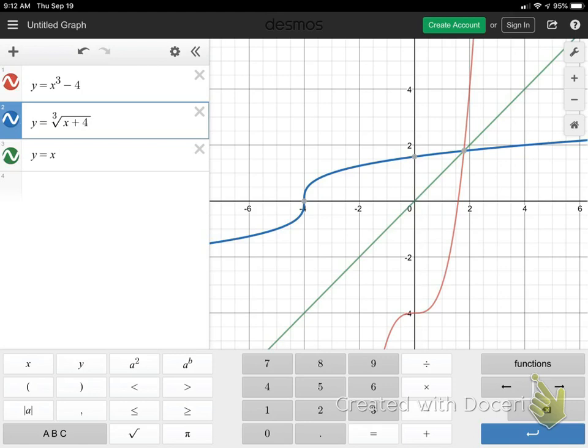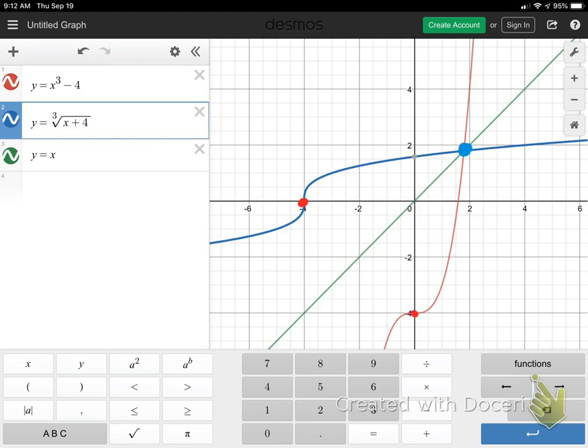Now, first thing I want you to see, they cross on the identity line. They cross right there. Now, my x-intercept of my inverse, here's my inverse function. Do you see that? That's my x-intercept.